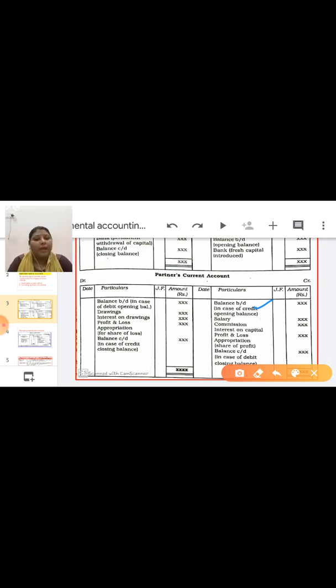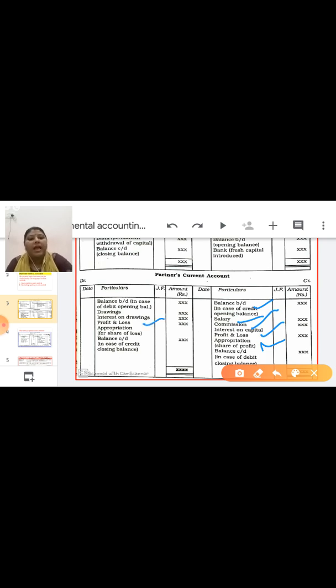So in profit and loss appropriation account, all the debit side items you have to transfer to the credit side of the current account, like salary, commission, interest on capital. If there is profit, you have to transfer share of profit in each partner column. And on the debit side, what you have to transfer?